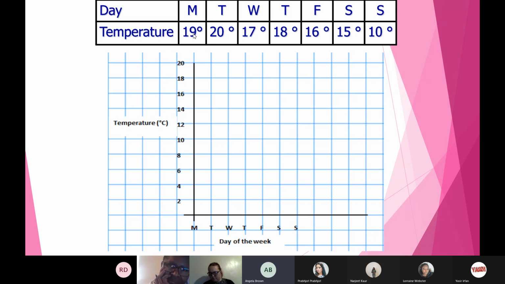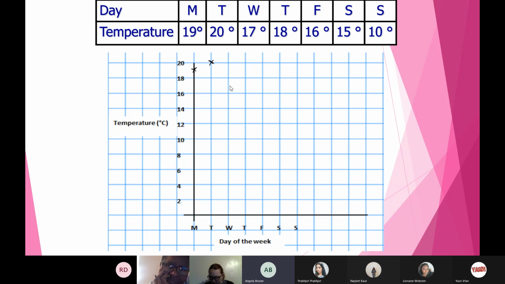So we've got Monday, which is 19 degrees. So 19 degrees is about here. So we put the cross there, so that's when we're plotting. Tuesday is 20, so we put the cross. Can you see that I'm putting my cross between the lines on the graph paper?